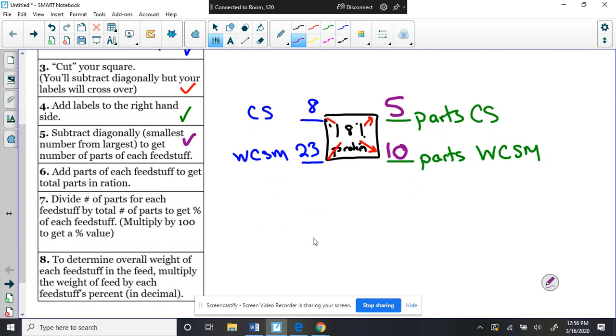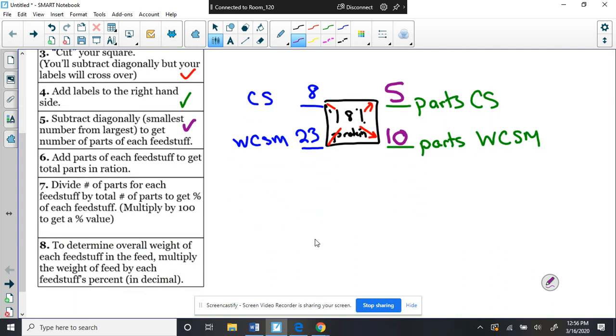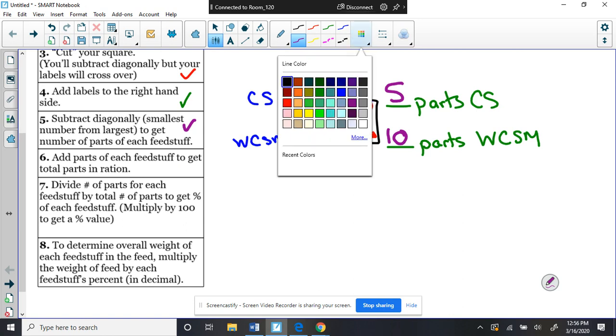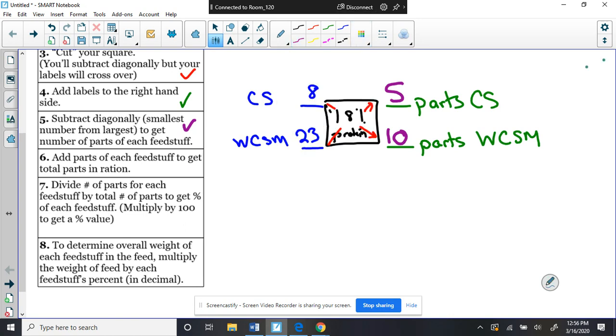Step number 6 says that we need to add the parts of each feedstuff to get total parts in our ration. Let's switch up some colors again. We'll do this kind of teal. So step 6 then, we're going to add 5 parts of corn silage and 10 parts of whole cottonseed meal to get 15 total parts in this recipe.